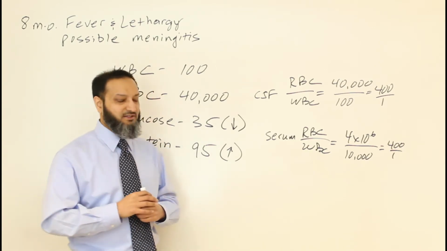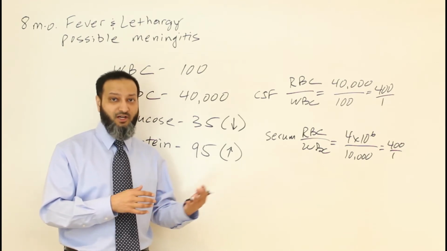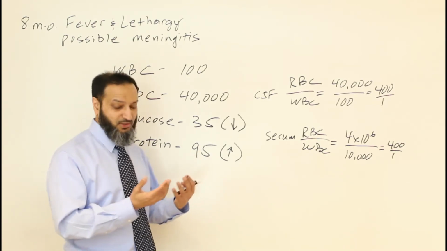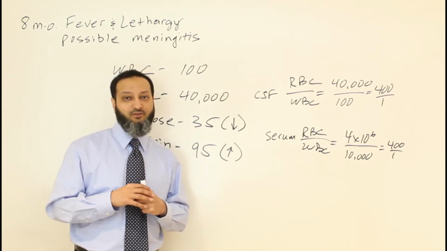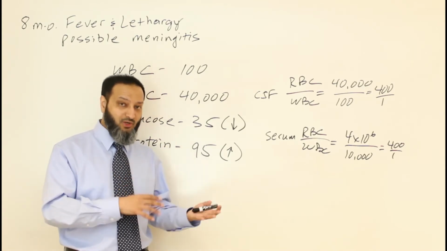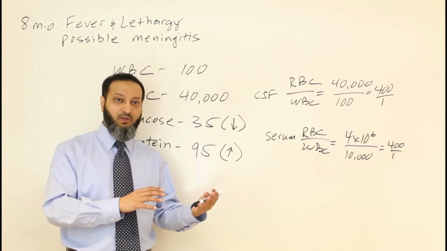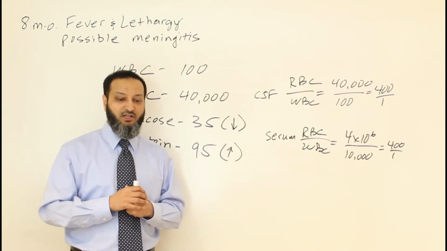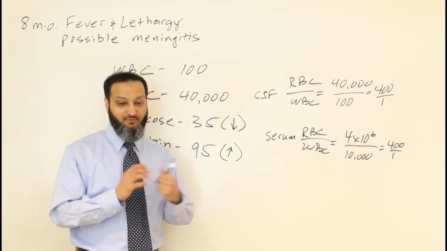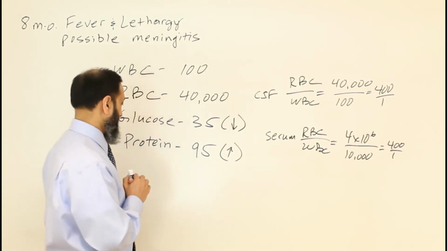So sometimes you can get a false positive xanthochromia, but in the pure sense, you should not have xanthochromia with a traumatic tap. And if you do have xanthochromia, then that implies old blood that has lysed and potentially an intracranial hemorrhage. So I think that's something to consider as well.